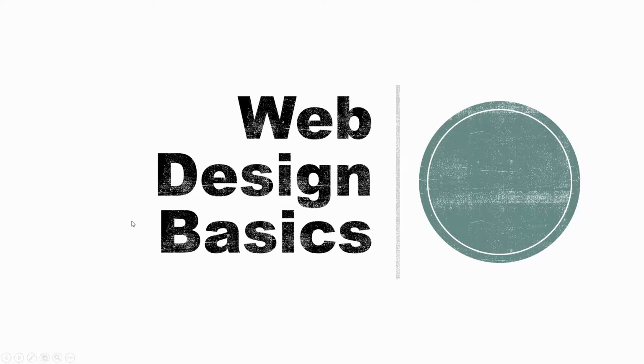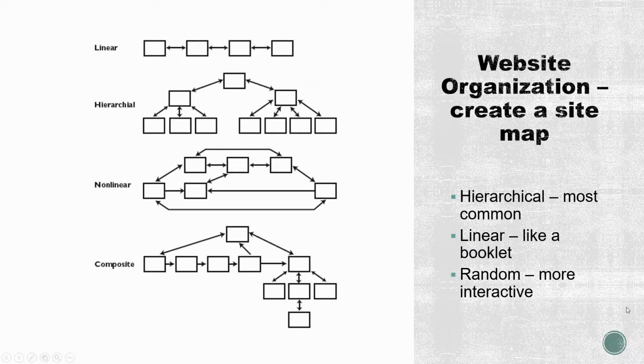Instead of working with code in this video, we're actually going to be looking at design choices and how they can influence how you put together your websites. A couple of different ways for you to organize your sitemap, which we talked a little bit about in the last video, is to organize your navigation in a couple different ways. You can see in the first picture, this method is called linear.